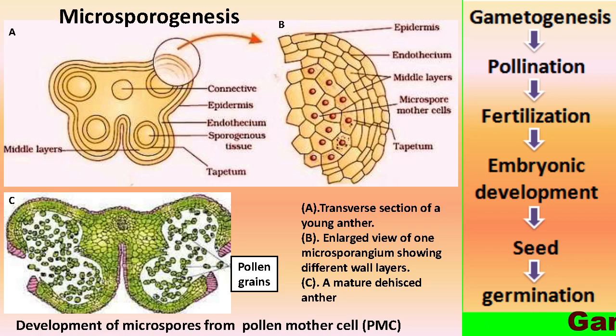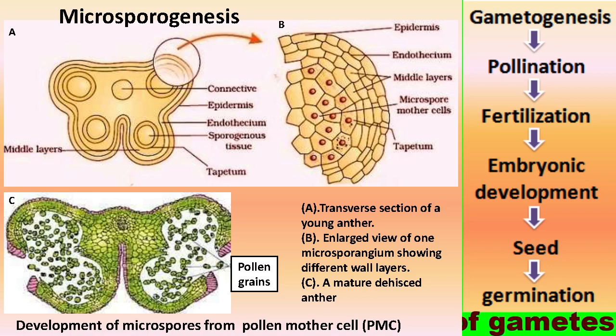Now, in the case of this microsporogenesis, which type of cells will take part in this process? The answer will be sporogenous tissue, because this sporogenous tissue contains microspore tetrads, which are responsible to differentiate into pollen grains.